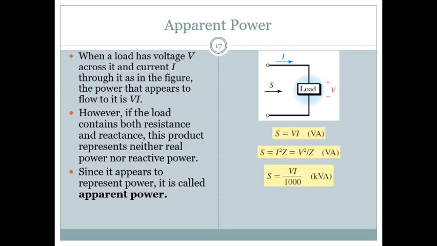Now let me explain this in this way. You have a device, and you don't know what is inside, whether there are resistors, capacitors, or whatever it is, but you can measure the voltage. How can you measure it?